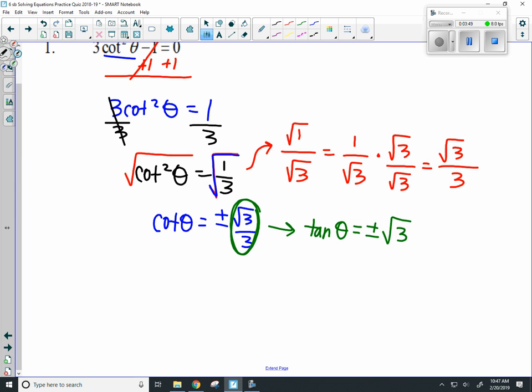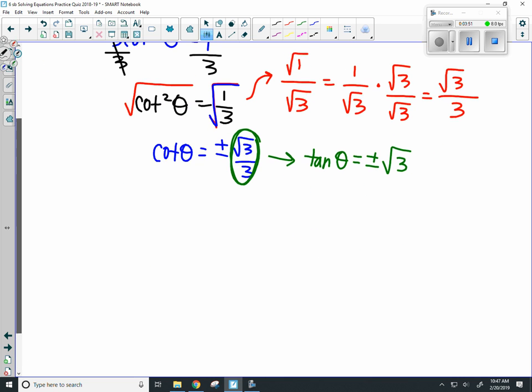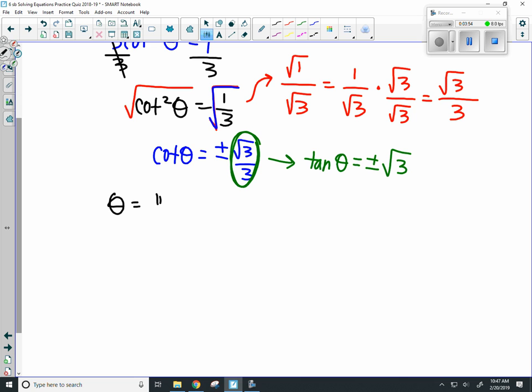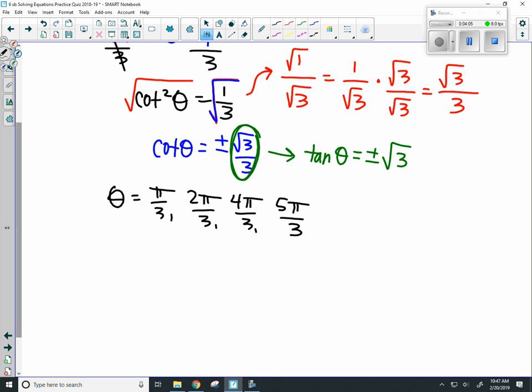So we have pi over 3, 2 pi over 3, 4 pi over 3, and 5 pi over 3. Now, if the directions just said solve from 0 to 2 pi, we'd be done, because that lists out all of the angles on the unit circle where cotangent is radical 3 over 3.